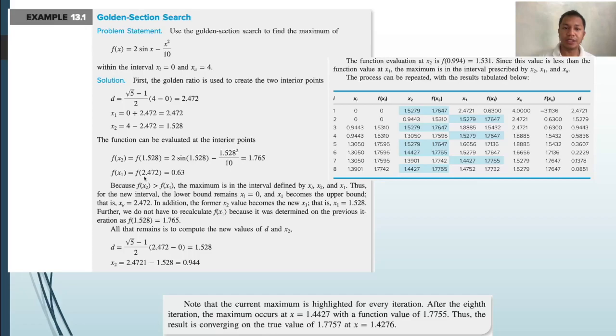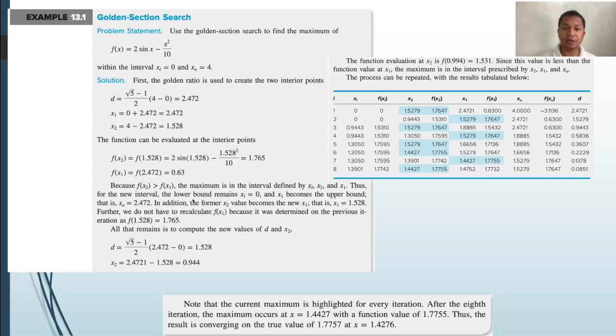And f of x1, with x1 equal to 2.472, gives us 0.63. So we can see here that f of x2 is greater than f of x1. So the maximum is in the interval defined by xl, x2, and x1.